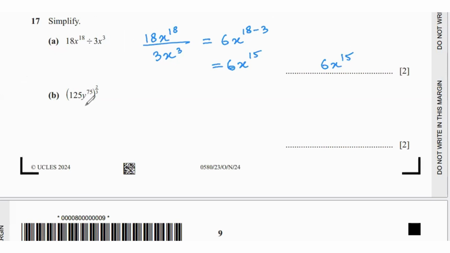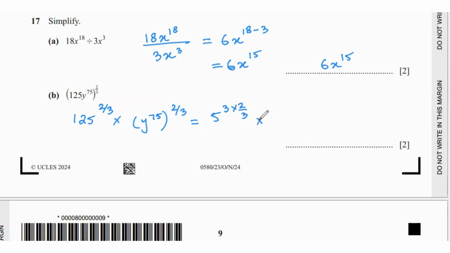Then part B says 125y to the power of 75, whole power 2 over 3. So whenever you have a power outside the bracket, you distribute that power on every term inside the bracket. So now 125 will also have a power of 2 over 3, and y to the power of 75 will also have a power of 2 over 3. So 125 is basically 5 cubed, so that's times 2 over 3.